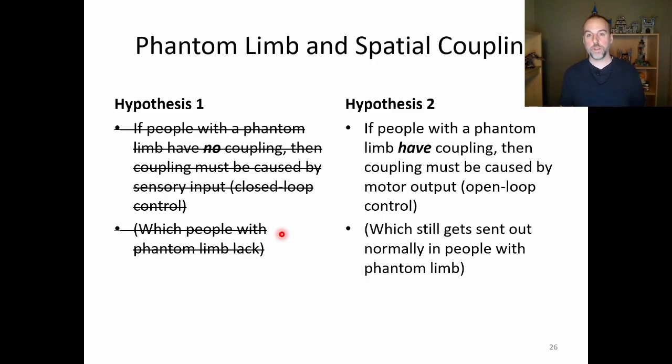So in other words, spatial-temporal coupling is not caused by sensory feedback, because we got rid of this in people with phantom limbs and coupling still persisted. So it must be the output of those motor commands or open loop control.